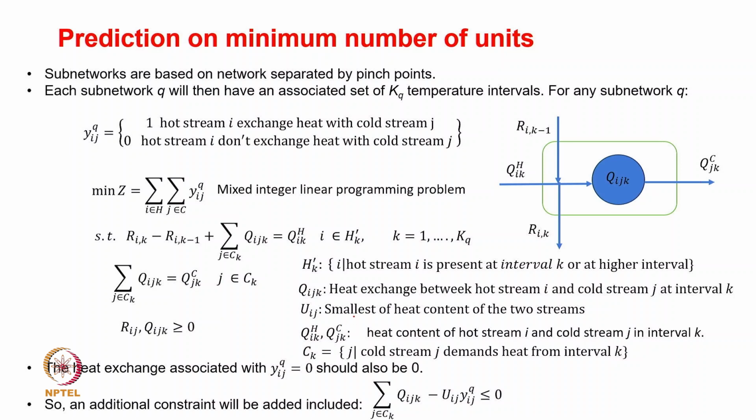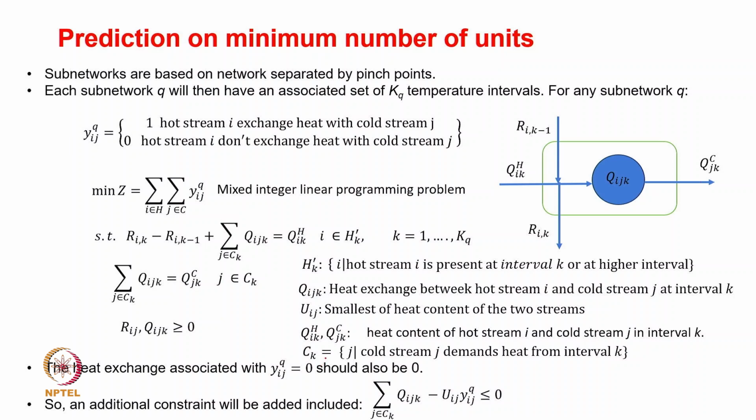And here also we see that rij, rijk and qijk should be greater than or equal to 0. So what we see over here is that when there is no connection, yijq will be equal to 0, which essentially means that the heat transferred through that also will be 0.